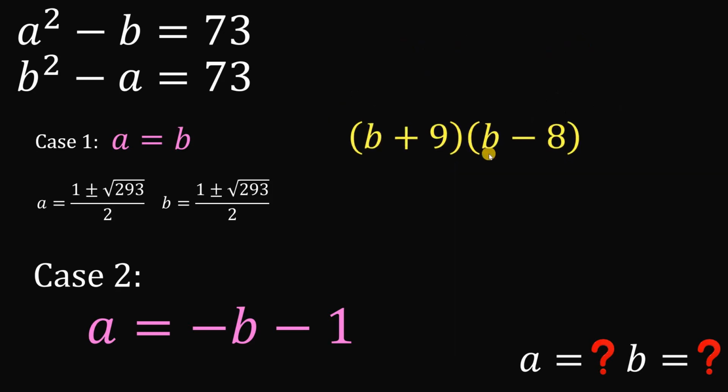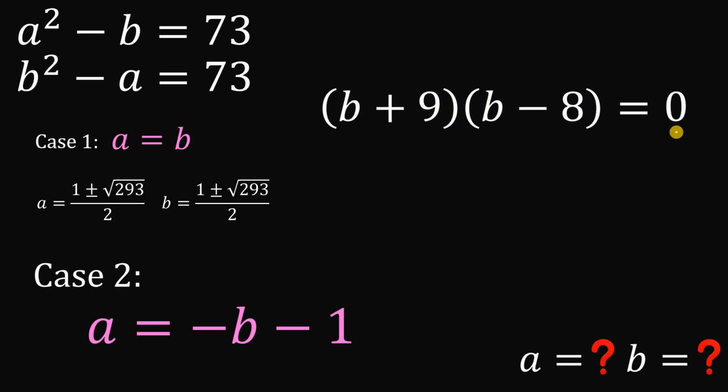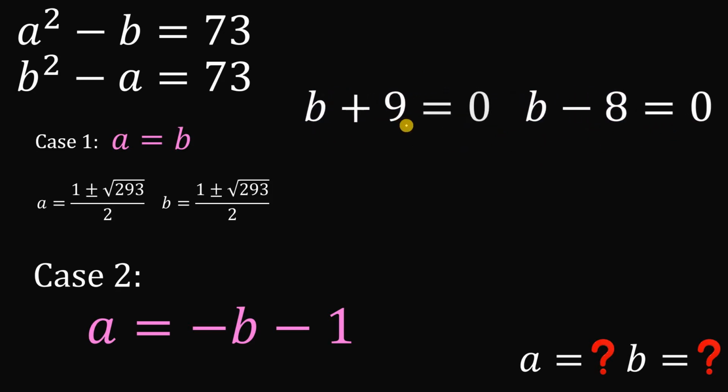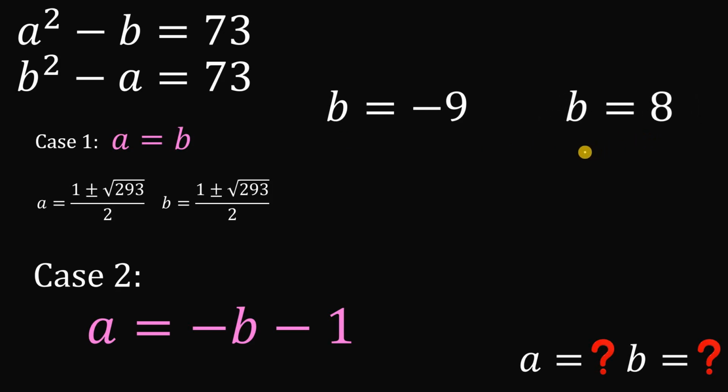Now let's have the factored form. And since it is equal to 0, using the zero property, we can say that b plus 9 equals 0 or b minus 8 equals 0. Now, in this case, we can say that b equals negative 9. And in this case, we can say that b equals 8.